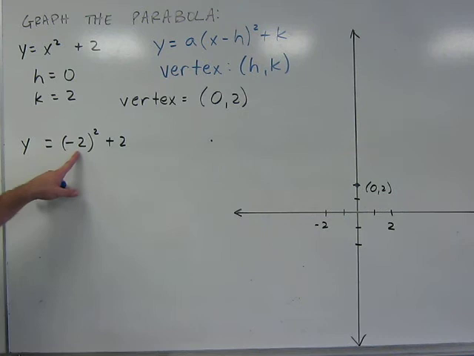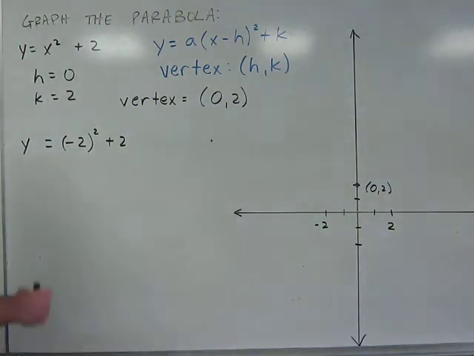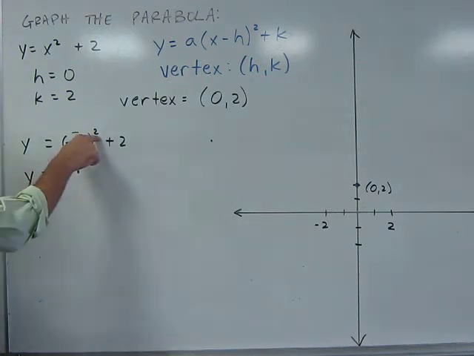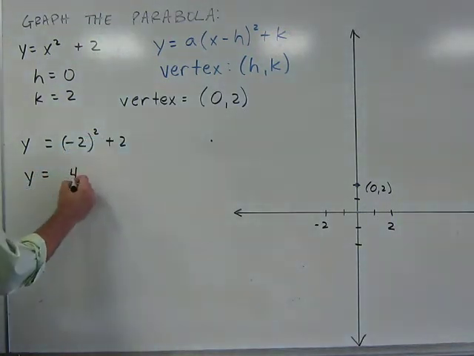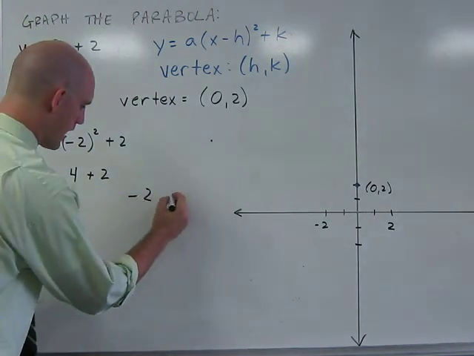When I put in -2 for x, I'm going to be finding a point to the left of our vertex. Solving for y, I get y is equal to (-2) squared, which is 4, plus 2. 6 is equal to y. So one point on our parabola is (-2, 6).